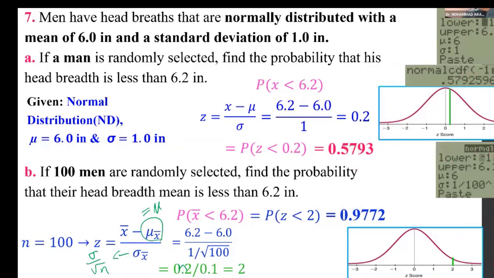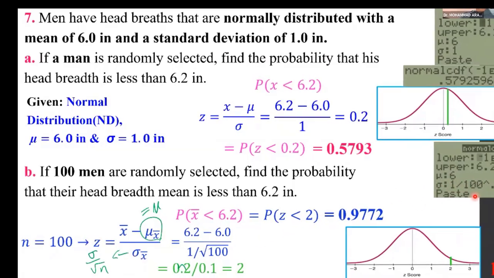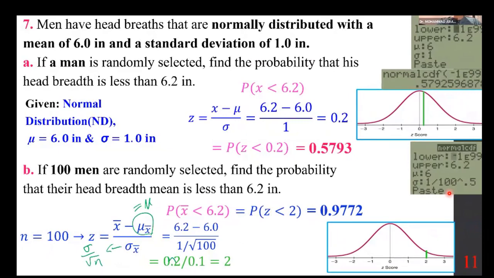In this case, notice what I do. I keep the same mu. The sigma, I'm going to put 1 over 100 to the power of 0.5. I wanted to show you, even if you want to put it like that, you can do that. Needless to say, square root of 100 is 10, and we know that, but if it was something else that we didn't know the number, I wanted to show you how you put it in, and therefore you end up with the same answer, again, within 4 decimals.